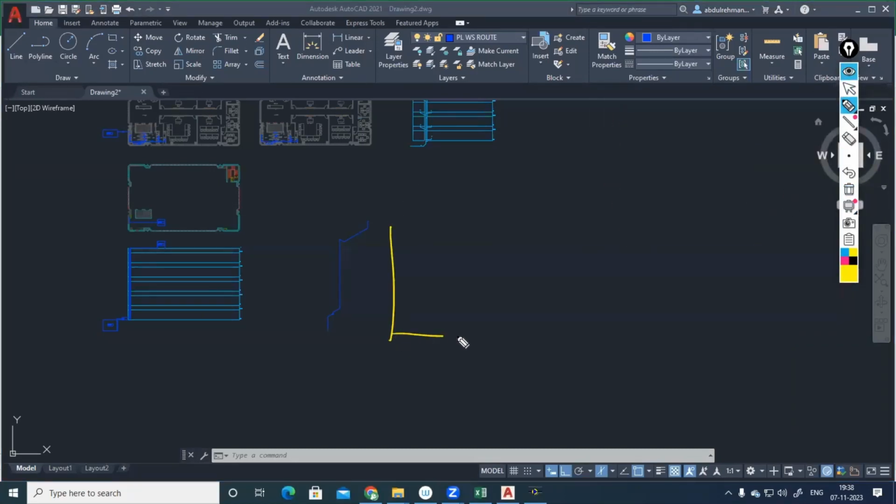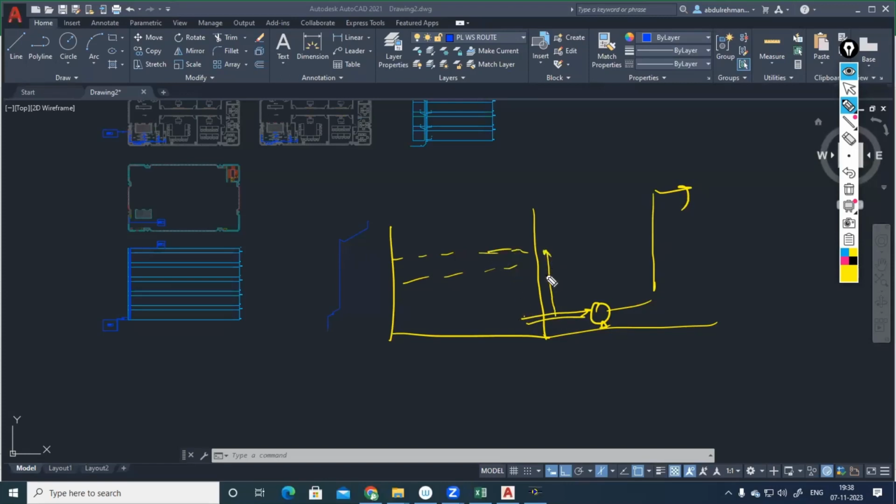But if this is your tank, and the pump is located here and delivering like this, the water level is upside of the suction. This is called a positive suction.